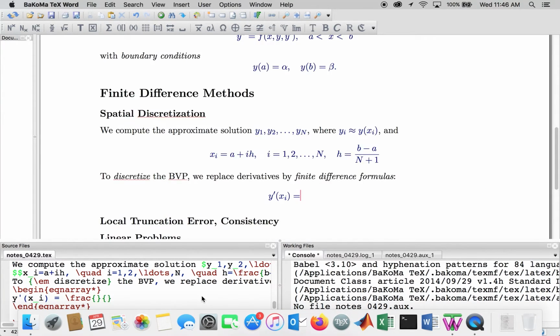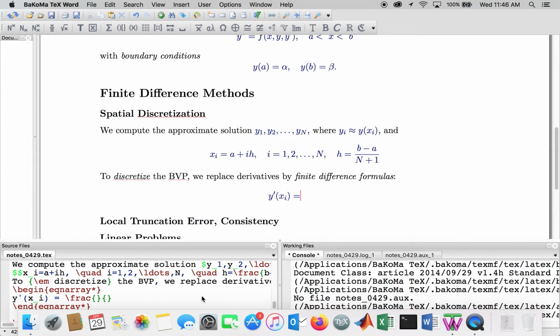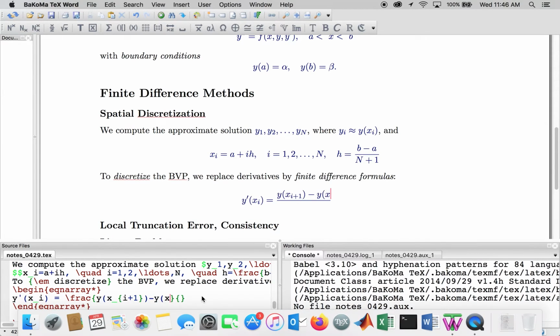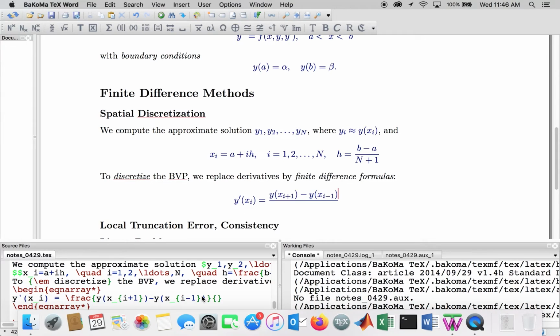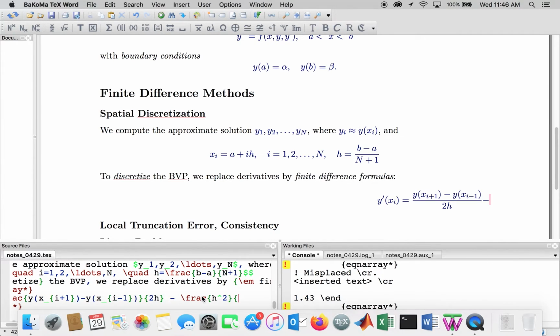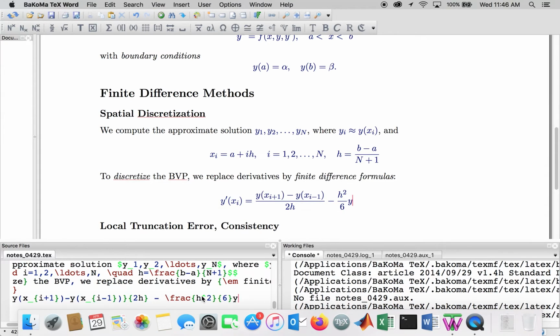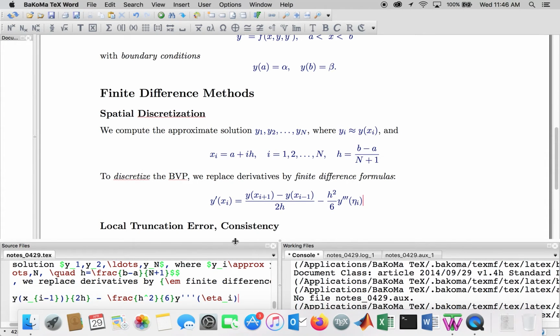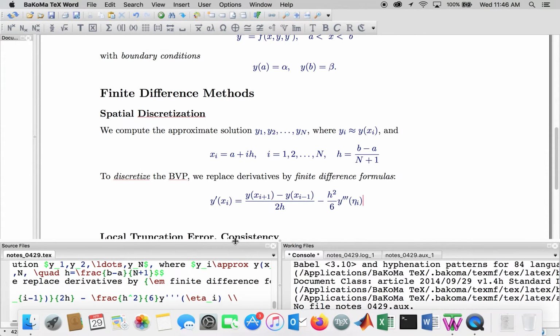The actual approximation is a centered difference: y(x_{i+1}) minus y(x_{i-1}) over 2h. So that's the centered difference. And then the error in this finite difference formula is h squared over 6 times y triple prime at some unknown point, which I'll define momentarily.